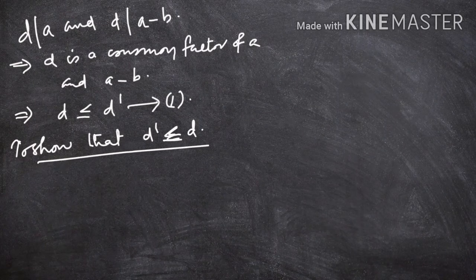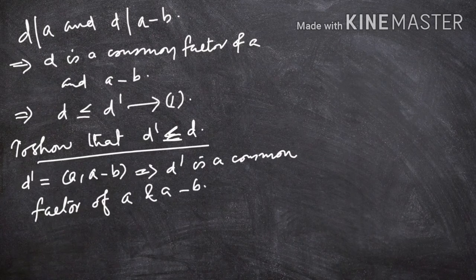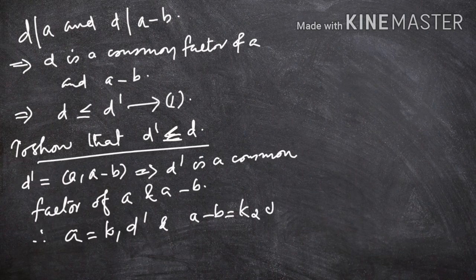For that, D dash is equal to GCD of A comma A minus B, which implies D dash is a common factor of A and A minus B. Therefore A is equal to some K1 into D dash, and A minus B is equal to some K2 into D dash, for some integers K1 and K2.